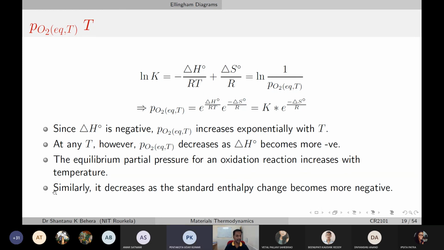And this one is a simple statement for the second point: it decreases as the standard enthalpy change becomes more negative. If the standard enthalpy change is more negative, the equilibrium oxygen partial pressure required for the oxidation increases. I'm sorry, it decreases.